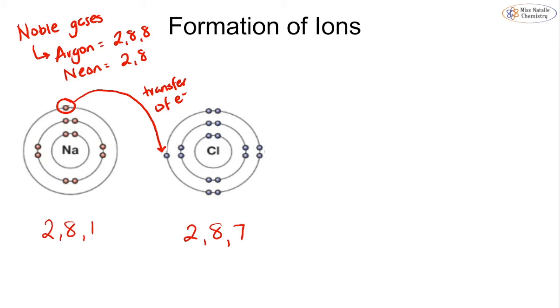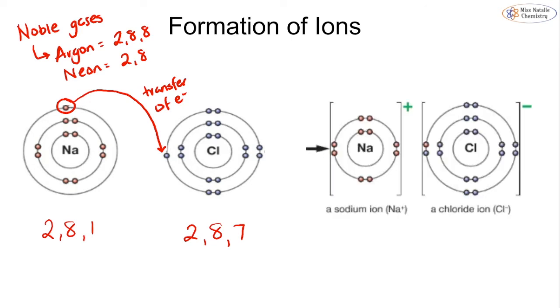And when this happens, we form ions. So we form a sodium ion, which now has the electronic configuration 2,8, and a chloride ion, which is 2,8,8. So this red electron from the sodium has transferred over to the chlorine. And we can see that there is a difference in our number of protons and electrons.